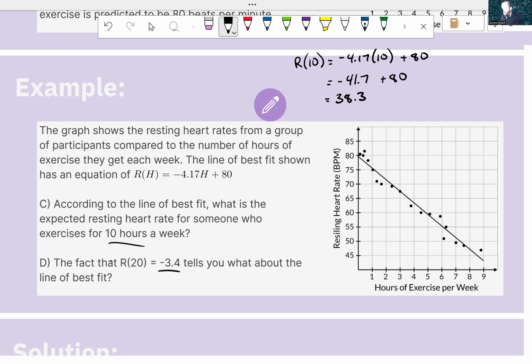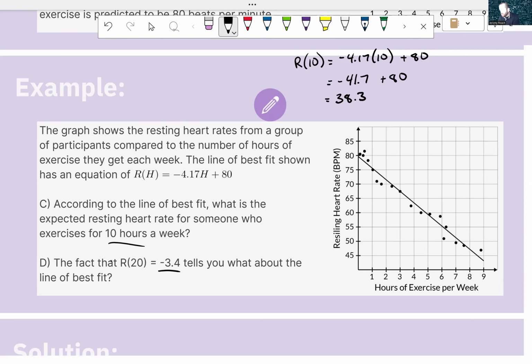And it says, what does that mean? Well, this means that the line of best fit trend is telling us that if we continue to make estimates based on this line of best fit, when we plug in 20 for the function, we get negative 3.4. Negative 3.4 means that someone's heart would be beating negative 3.4 beats per minute.